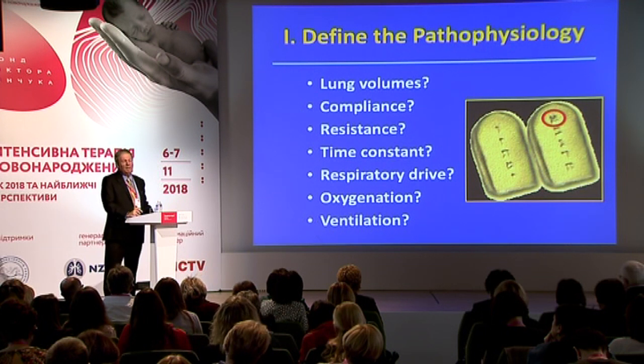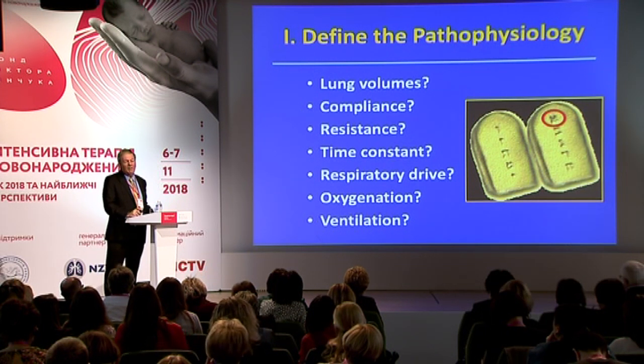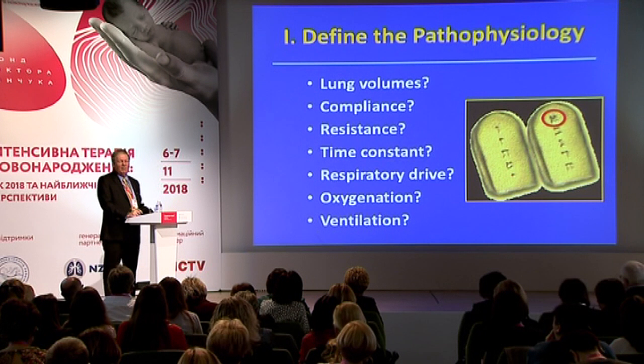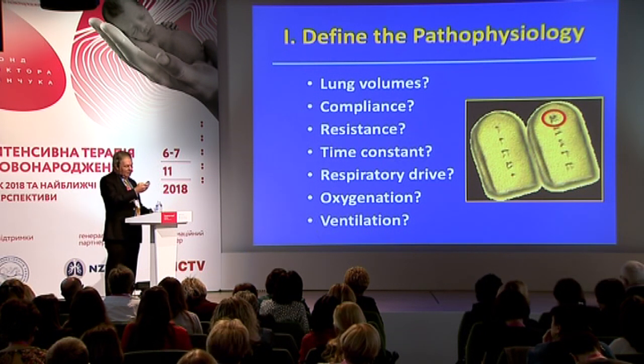Well, the time constant for this baby is going to be relatively short, so the baby will take very shallow, very rapid breaths. As compliance improves, the baby will slow his own respiratory rate, take deeper breaths, and have larger tidal volumes. We need to pay attention to this when we set our ventilator to cycle and when we choose an inspiratory time. We'll go into that in a little bit further.